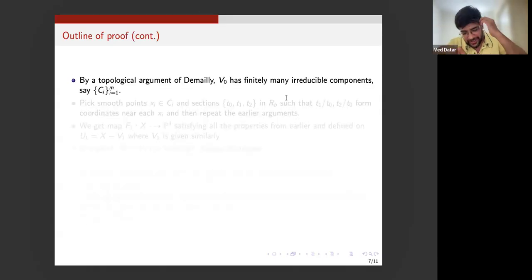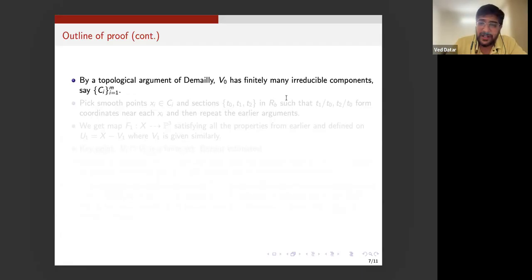Right. So now, in order to extend this across this analytic set, we firstly notice that by a topological argument from this paper of Demailly that I've already referred to, it turns out that V naught has finitely many irreducible components, and by an elementary argument, one can argue that these cannot have isolated points. So they're basically a finite collection of curves, right?